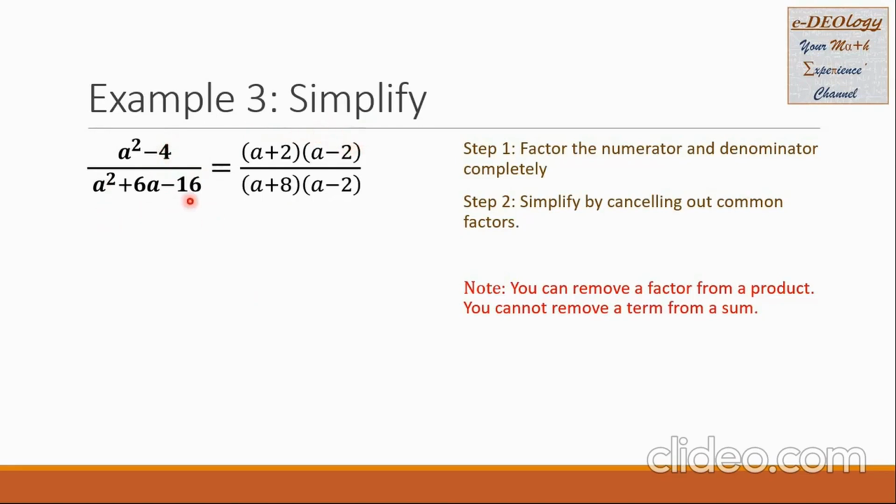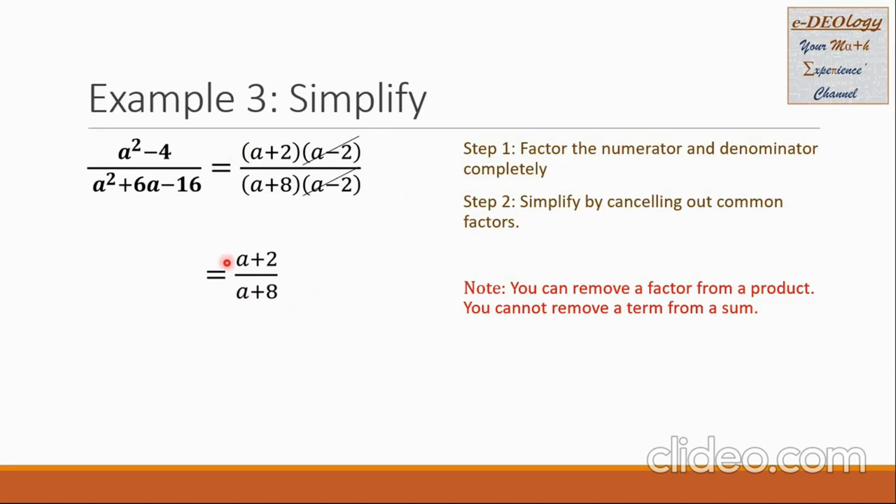In the denominator, the factors are a plus 8 times a minus 2. Now, we will cancel the common factor, and that is the a minus 2. So in cancelling, we will now go to the next line. We will copy the remaining factors. In the numerator, it is now the a plus 2, and in the denominator, it is the a plus 8.